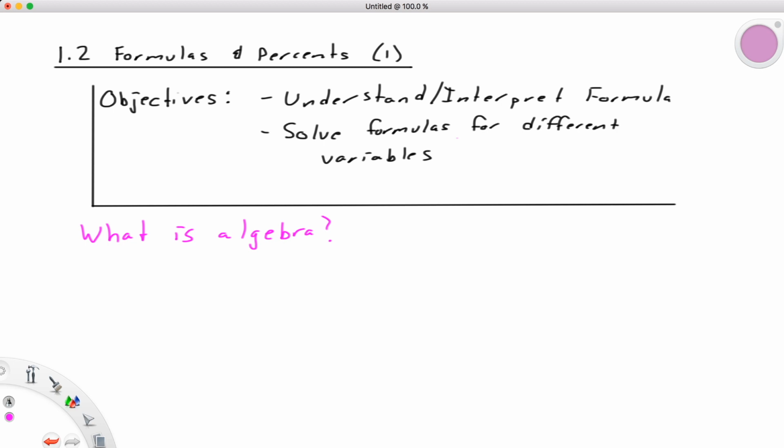And I think what algebra, at its core, really is, is the mathematics of relationships of quantities, right? So in math in particular, we care about things that are quantitative a lot. And in algebra, we care about how those quantities relate to each other.